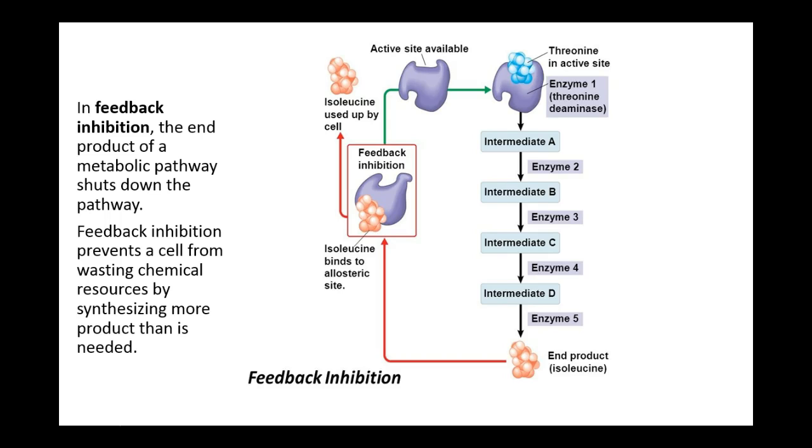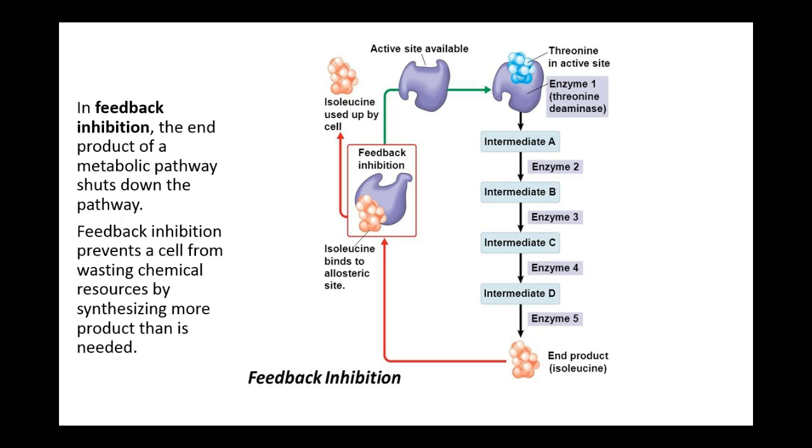One of the biggest inhibitions is the end product of the pathway. If you have plenty of the end product of the pathway, there is no reason for the pathway to continue acting. In this particular graphic, you have an activation site at the top, the purple enzyme. It is going to go through a series of steps to make isoleucine at the bottom. You have the blue groups of balls, several levels of steps of enzyme activity.